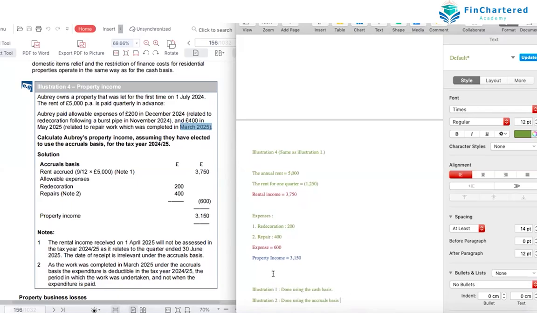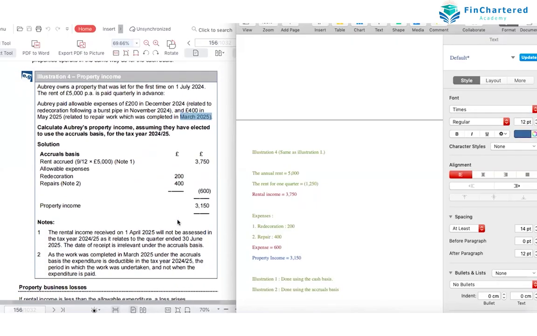This is the only difference. Okay. I hope this is clear to everybody and there is absolutely no problems at all.